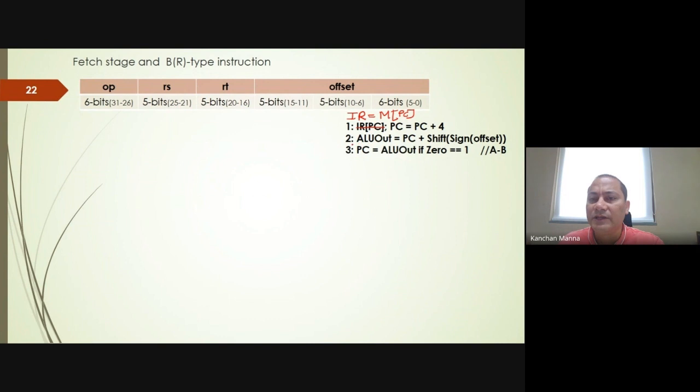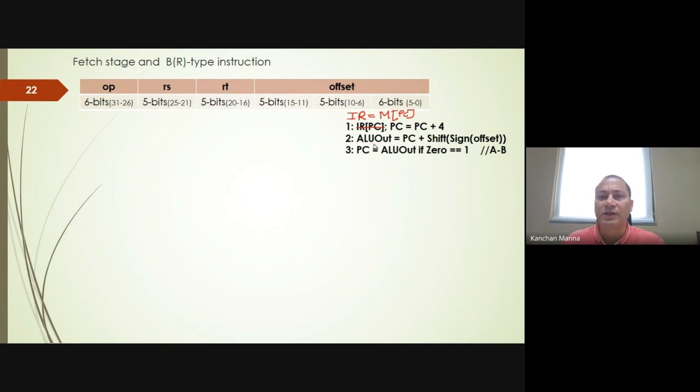In the next step, we'll calculate the branch address and store it into the other non-architectural element, ALU out. And in the next step, we'll perform the comparison. If it is true, then we'll load the PC with the calculated branch address, which has been stored in this non-architectural element called ALU out.